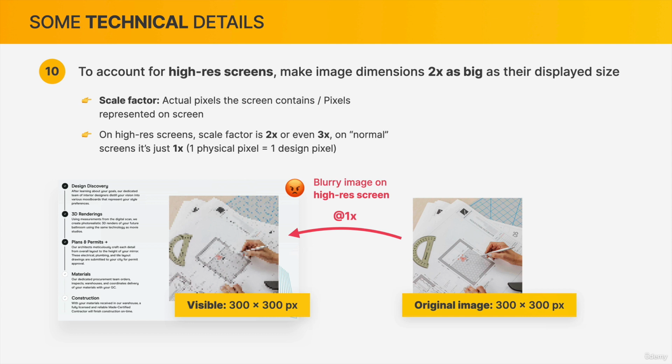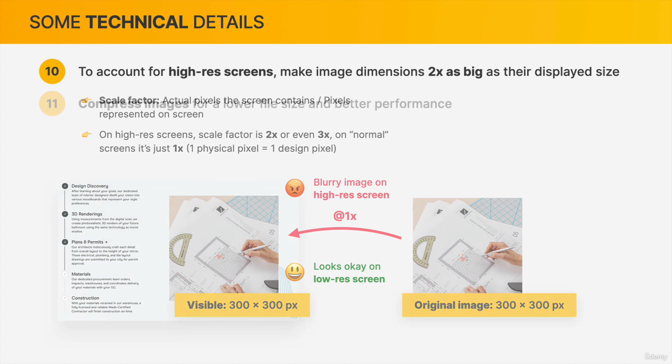So remember that the image right now looks blurry on the high resolution screen, right? But if we were to see this page on a normal screen, then everything would be fine. However, in order to account for all screens, we simply always make the image twice as large, which is exactly what the rule says. Now, this can create the problem of very large image files, which brings us to our next point.